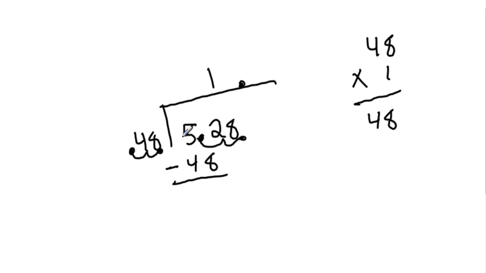I have to borrow because 2 can't subtract 8, so this becomes 4. 12 minus 8 gets me 4, and 4 minus 4 is 0. 48 goes into 48 one time. So how many toppings? It's going to be 11 toppings.